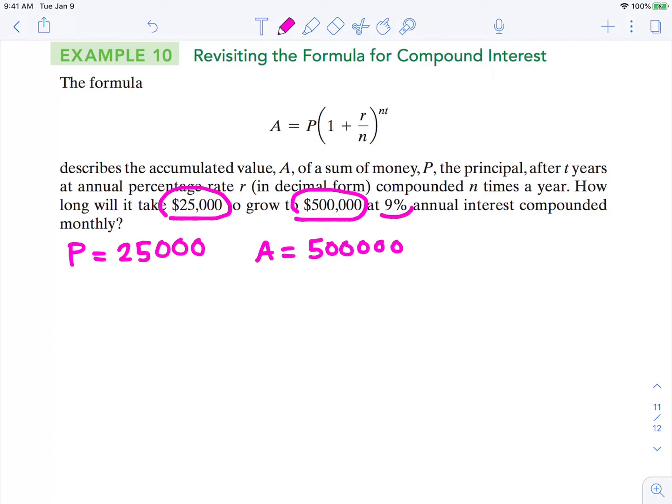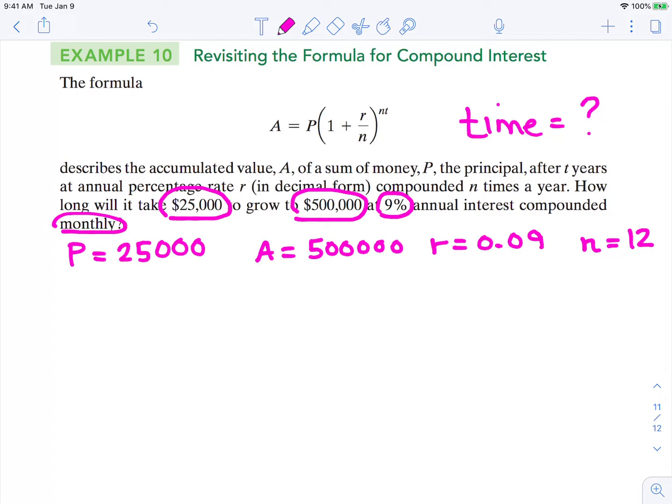At an interest rate of 9%, so as a decimal, 0.09, compounded monthly. So that's your N is 12. And we want to find out how long it'll take. So our time is our unknown. So that's what we're going to be solving for.